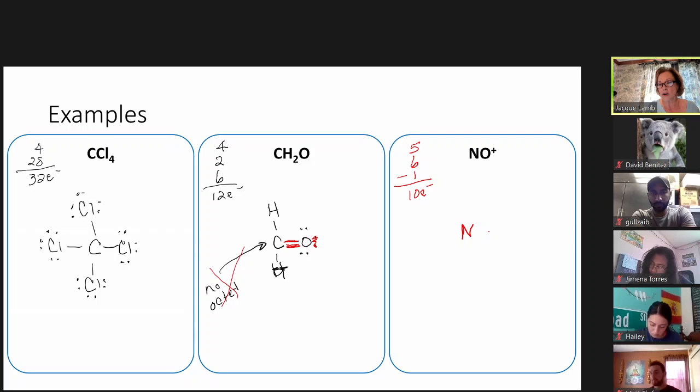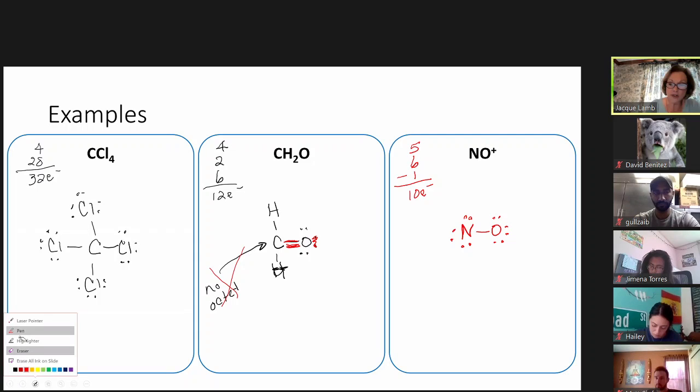The way you do that is if you take 2 electrons out from 2 neighboring atoms, I've now removed 4 electrons, and I get a pen back, put a double bond in. So I've removed 4 and added back 2.